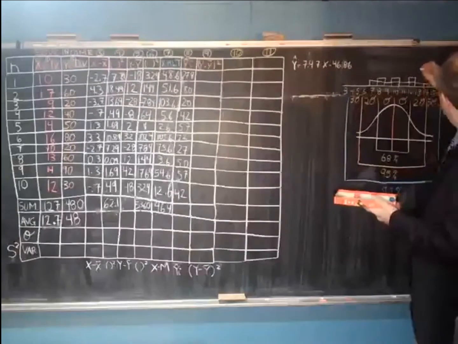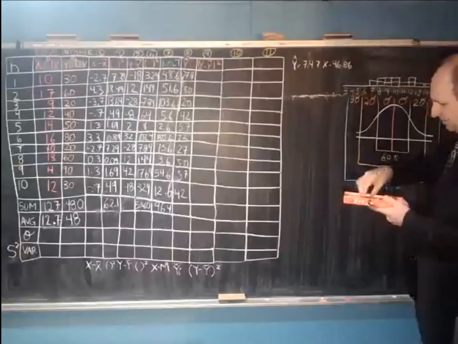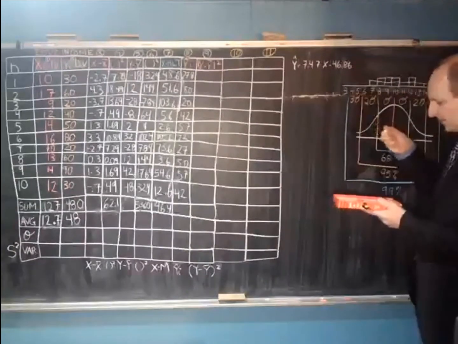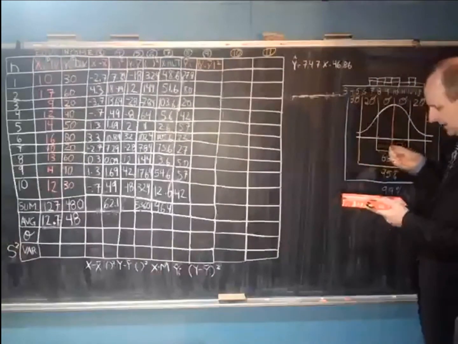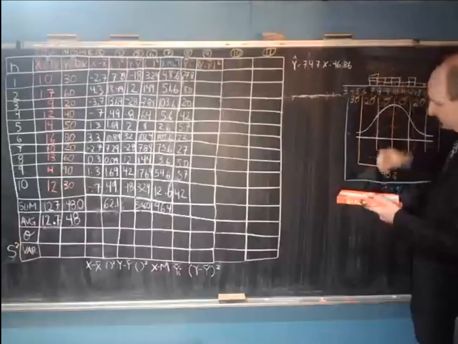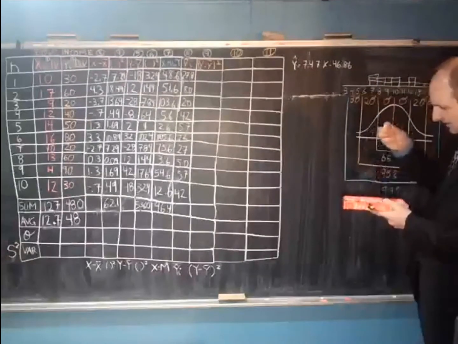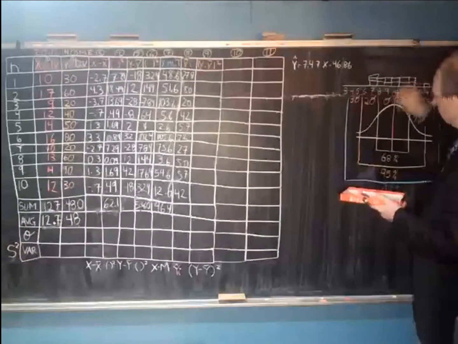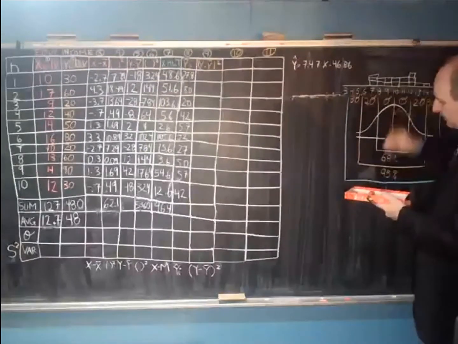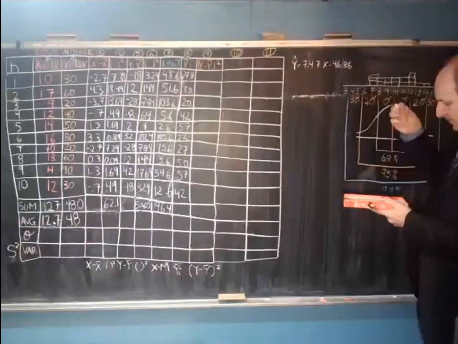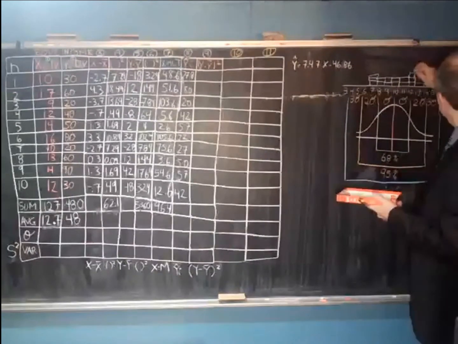Here's a 9. Ooh, you can see a build-up going on in the center there. Oh, another 7. That's rather unusual. Here is another 7. That's fairly unusual. Here is an 11. Here is a 12. And here is another 12.